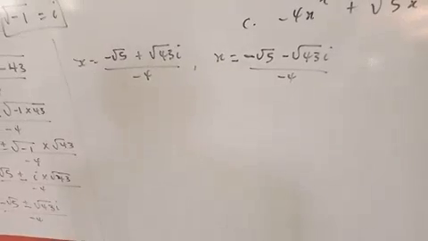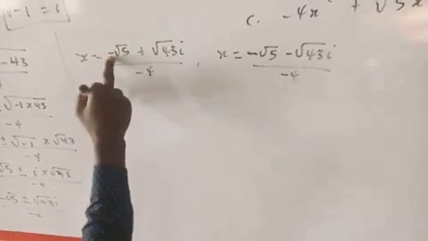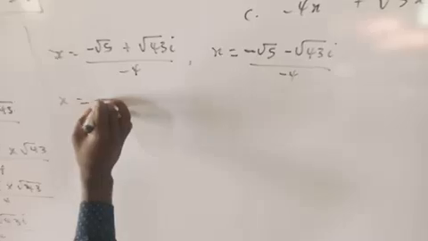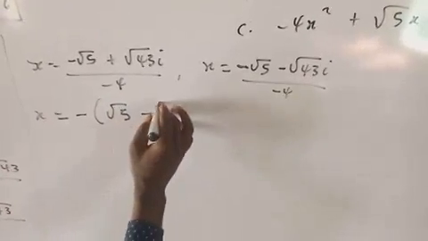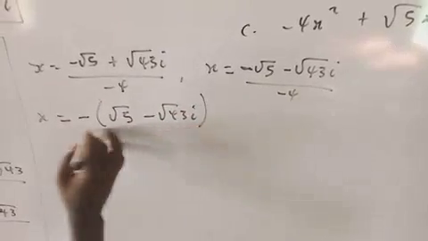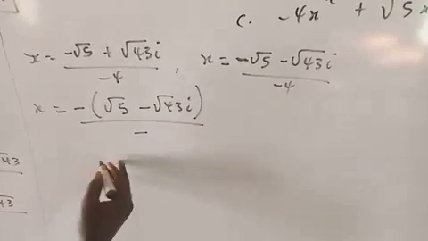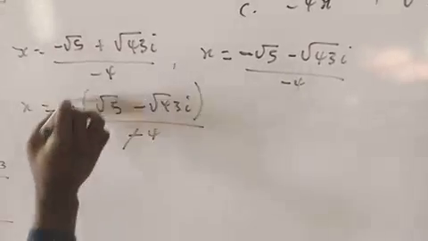If I like, I can just decide to factor out the signs here. x equals minus, open a bracket, square root of 5, here becomes minus square root of 43i, divide here by minus 4. So minus here can cancel minus.